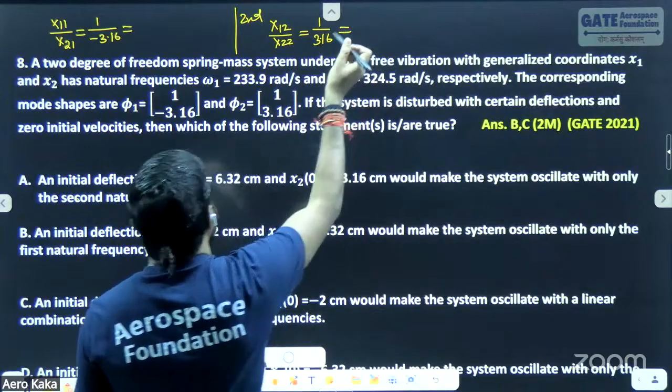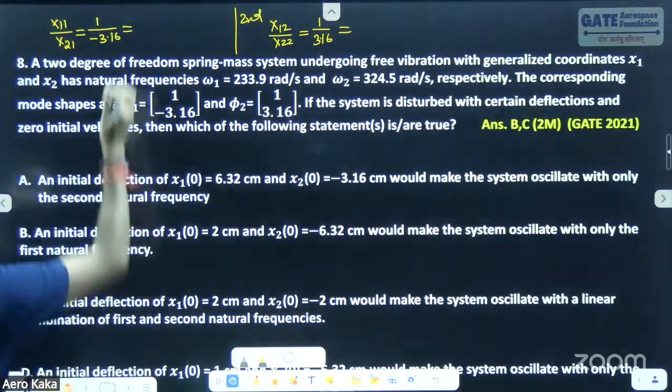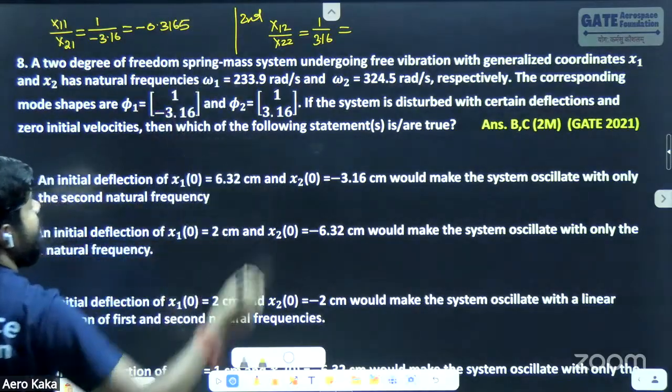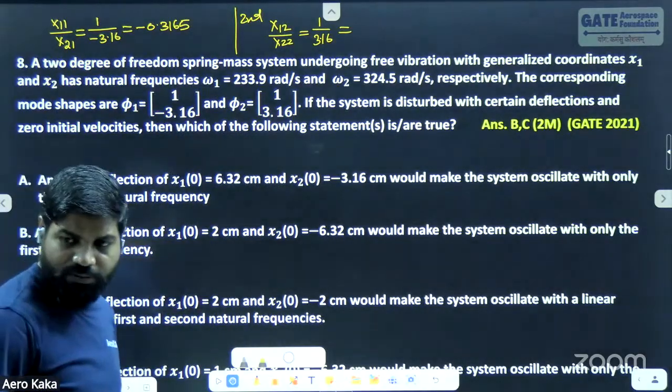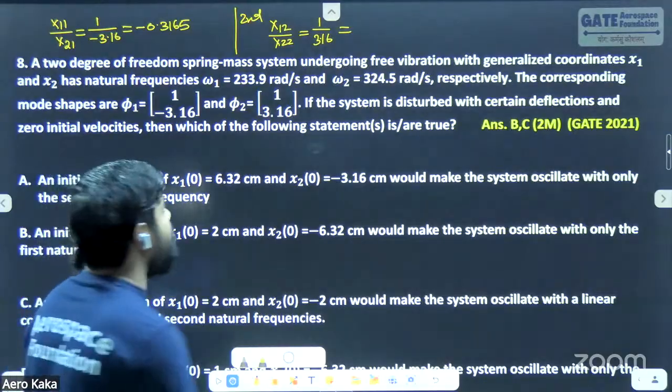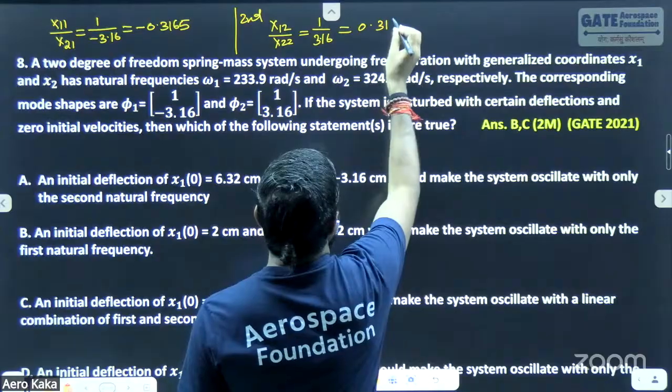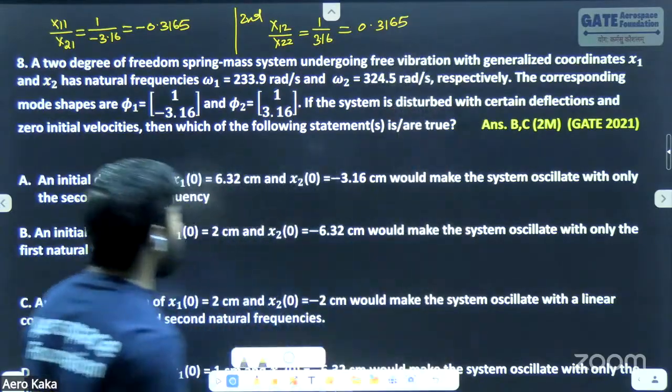Tell me how much you're getting? Minus 0.3165. Here also you will get the same one, 0.3165. It's a positive only, right?